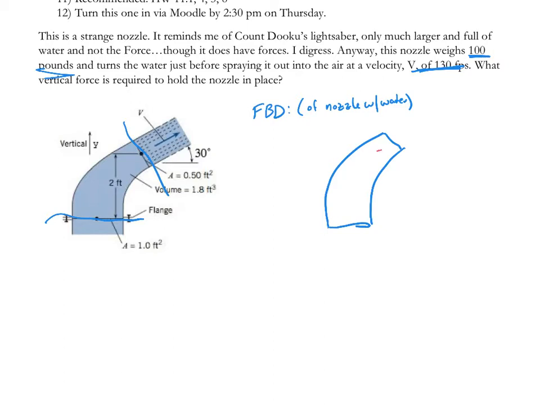So we've got a jet leaving this way, and we'll call it V2 equals 130 feet per second. We've got V1 right here, and we don't know what that is. And then we've got other forces. So I cut it down here, as you can see.